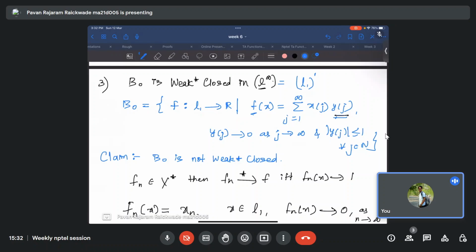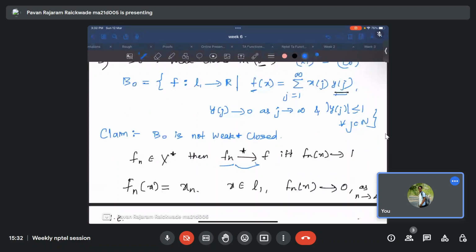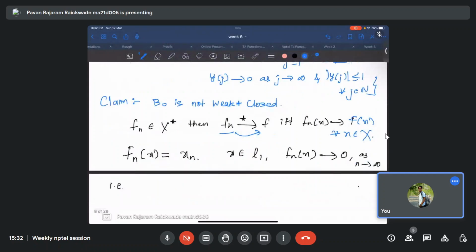This also can be thought of as C naught dual. I want to give a sequence Fn which converges to F weak star. This also doesn't work.